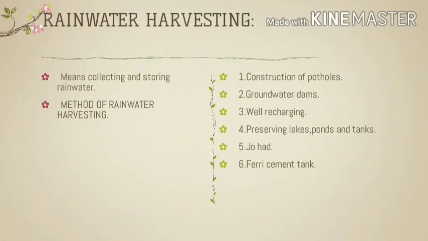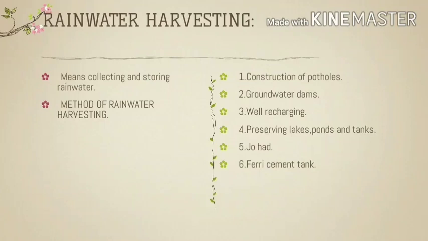There are various methods of rainwater harvesting, like construction of potholes, groundwater dams, well recharge, preserving lakes, ponds and tanks, johad, and ferro cement tanks. All these are methods by which rainwater harvesting can be done.